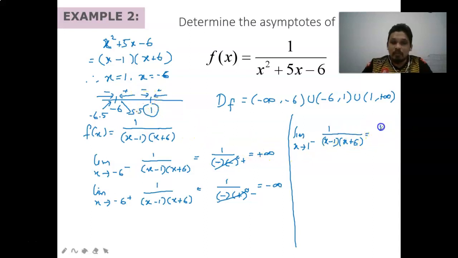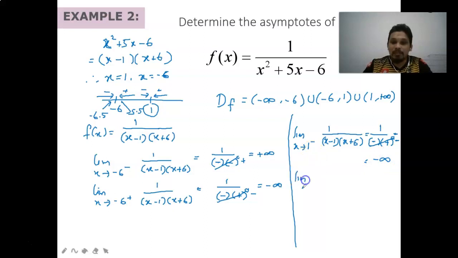Then 1 divided by 0.5 minus 1: 0.5 minus 1 equals negative 0.5, and 0.5 plus 6 equals positive 6.5. So negative multiplied by positive is negative, and 1 divided by negative equals negative infinity.